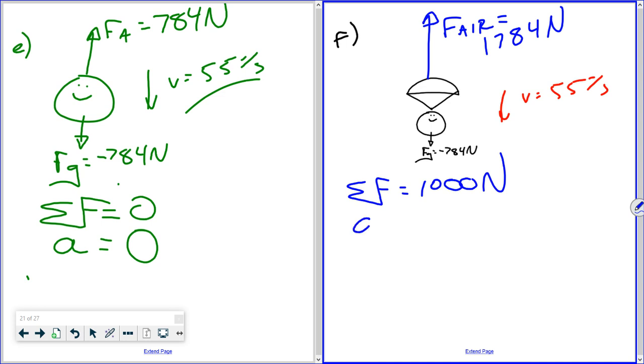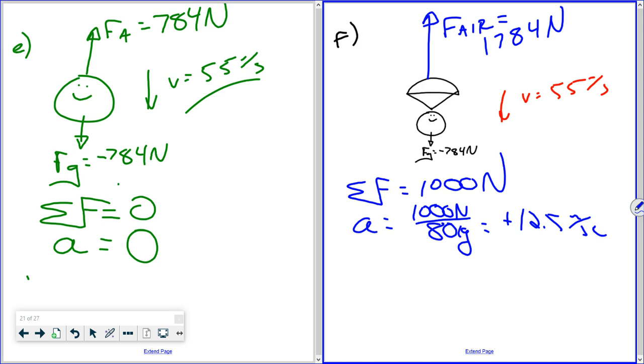So now I can find my acceleration. It's going to be net force over mass. Oh, positive. That's the whole point of this. All right. So he's moving down, but the acceleration is up.